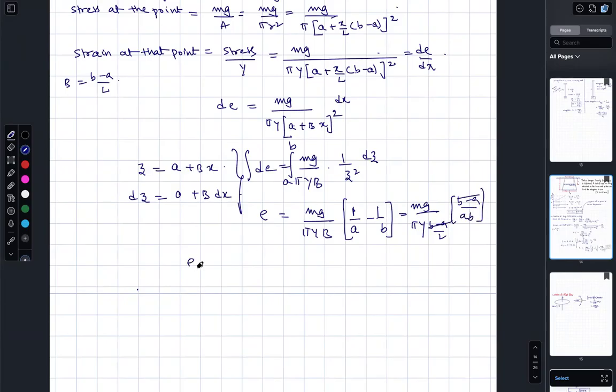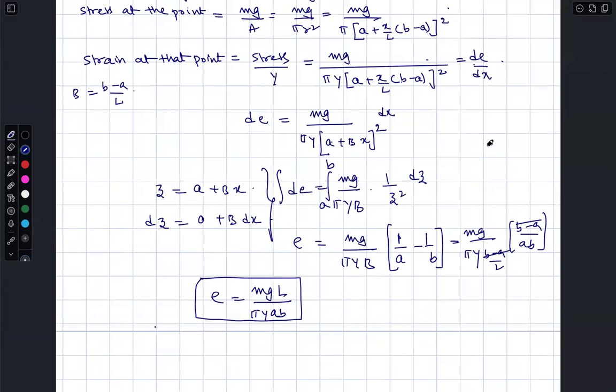Cancel. Finally, the total elongation is mgL by pi Y AB. It's a very famous relation. One should take care of this.